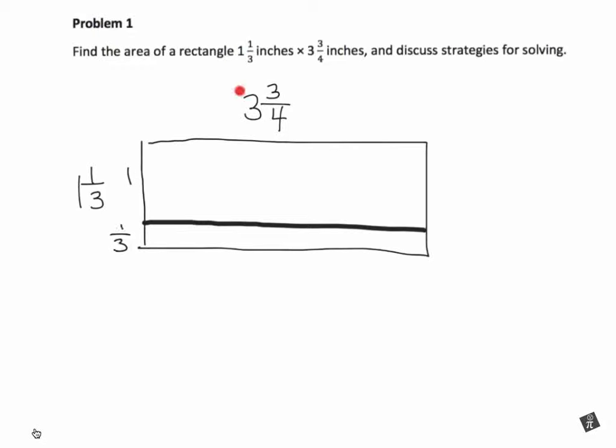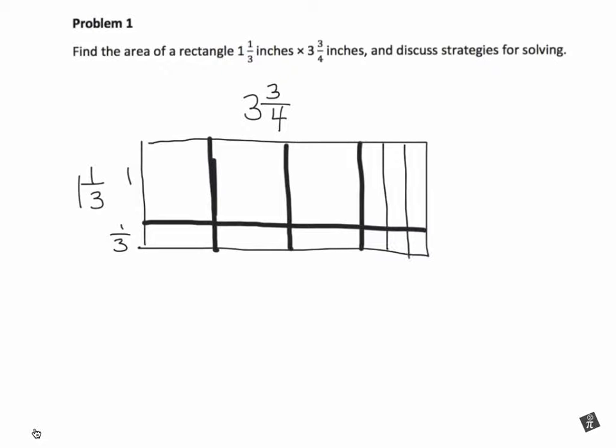And now I'm going to do the same thing with 3 and 3/4. Let's do 1, 2, 3. And then I want to draw in the 3/4, so let's do a smaller thing. 1, 2, 3.